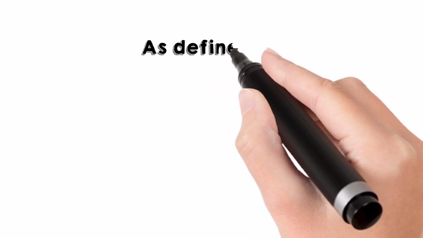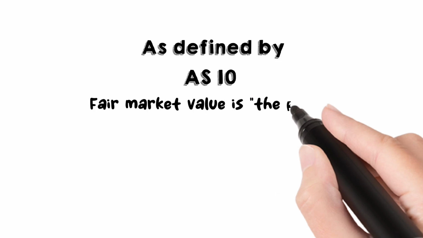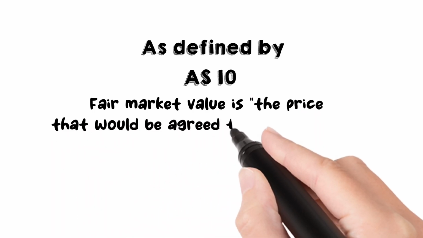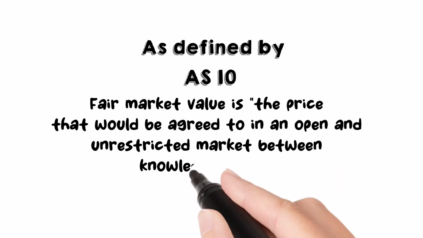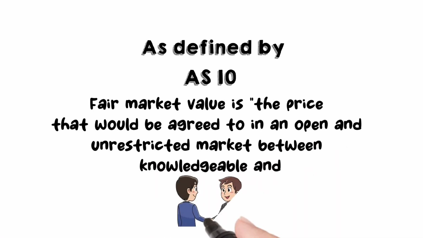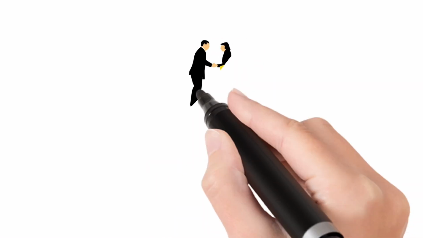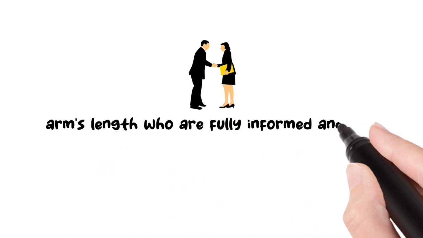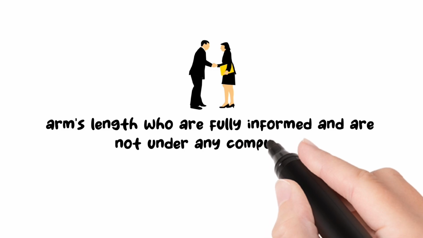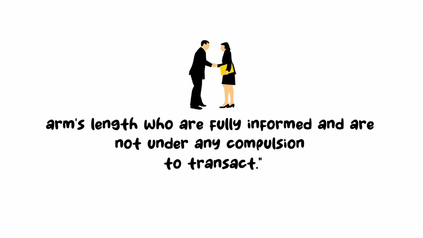As defined by AS 10, fair market value is the price that would be agreed to in an open and unrestricted market between knowledgeable and willing parties, dealing at arm's length, who are fully informed and are not under any compulsion to transact.